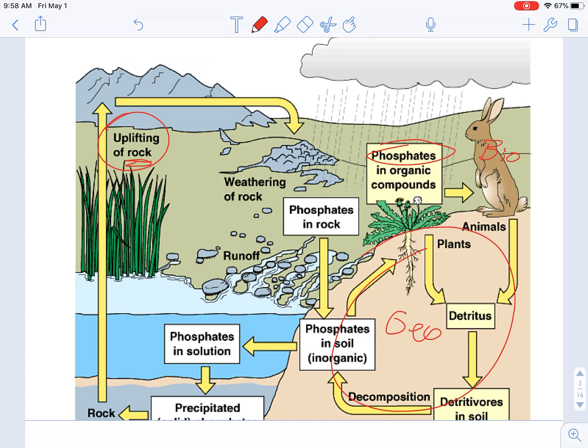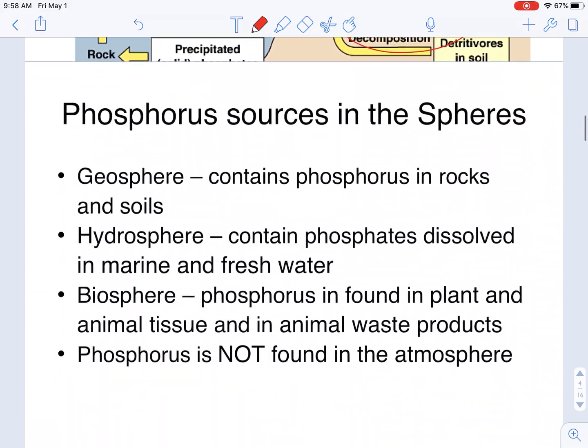But also we have phosphates in solution in the hydrosphere. Okay, but where's the atmosphere? Okay, so that's where we're going to take a look first, just kind of dive into where phosphorus is and what forms in the different spheres.